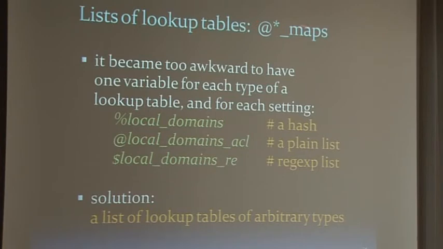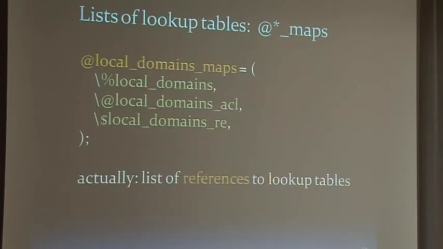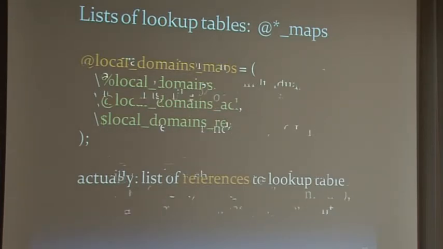It's typically named with something underscore maps at the end. For example, this list of lookup tables consists of three lookup tables: a reference to a hash lookup, a reference to a plain list, and a reference to a list of regular expressions.